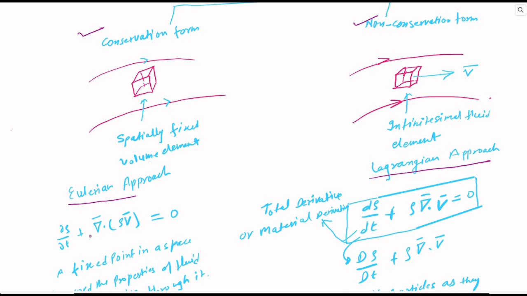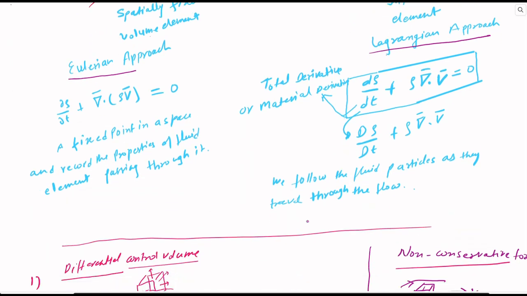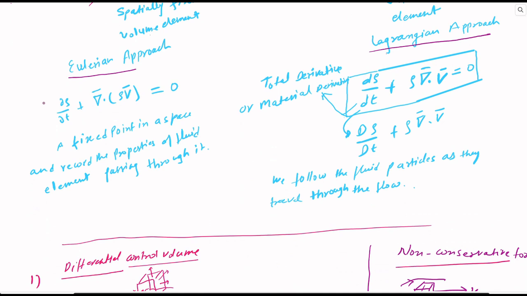So when we derive the expression, we get the continuity equation in this form. And when we derive it for the Lagrangian approach, we get the continuity equation in this form.